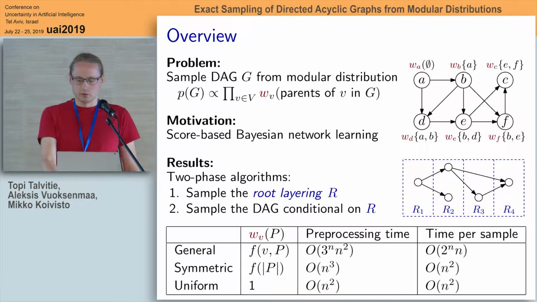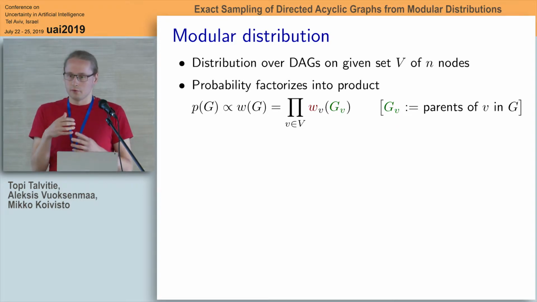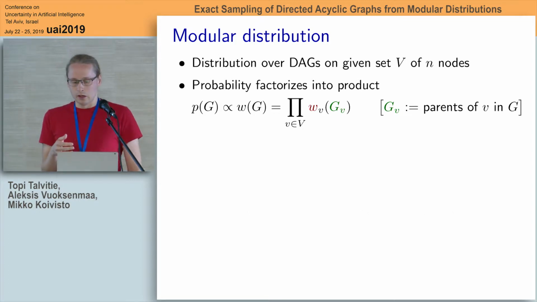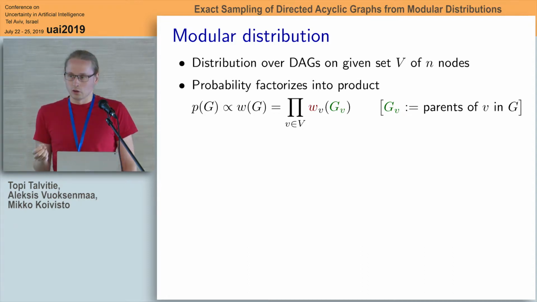Okay, but now let's switch to describing our work in more detail. The problem is described in terms of a modular distribution. We have a fixed set of nodes V, n nodes, and we look at the distribution over DAGs on V, where the probability is given by an unnormalized weight W, defined as a product over all nodes v of a local parent set weight W_v, which depends only on the parents of the node.